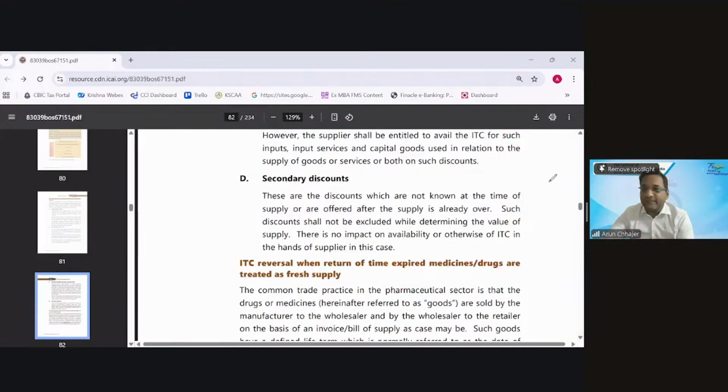Because in this case, B will not make the payment to A of the full 100 rupees. He will reduce by 15, meaning to the extent of 15 he will not make the payment. Why are you saying that even then he is not required to reverse because of the 180 days? Tell me your point.